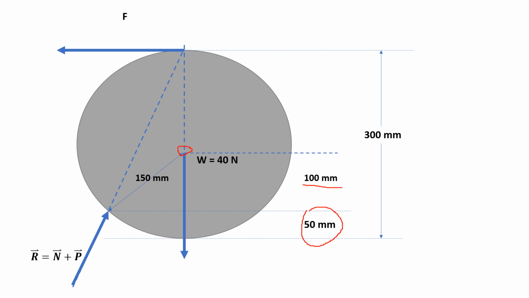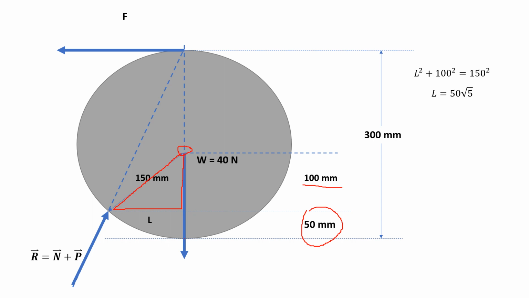And so, we consider this triangle. The hypotenuse is 150 millimeters. One side is 100 millimeters. So when we determine the other side, L, we use the Pythagorean theorem: L squared plus 100 squared is equal to 150 squared. So we get L as 50 square root of 5.